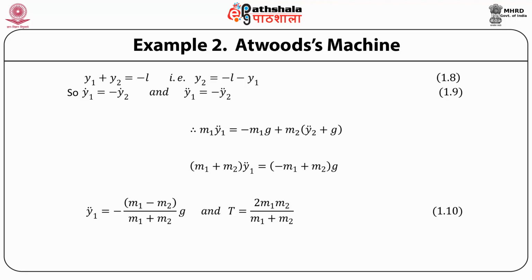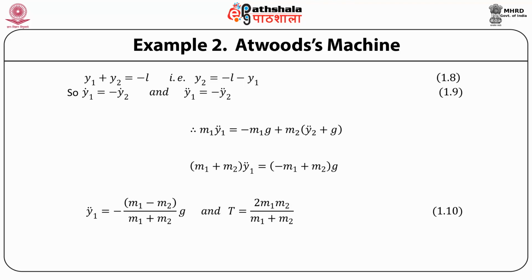So y1 dot is equal to minus y2 dot, because the string length remains fixed, and therefore the acceleration of y1 is equal to minus the acceleration of y2. If the mass M1 goes down, the mass M2 goes up. Therefore, the equations become M1 y1 double dot is equal to minus M1 g plus M2 into y2 double dot plus g, and therefore (M1 plus M2) y1 double dot is equal to (M2 minus M1) into g.